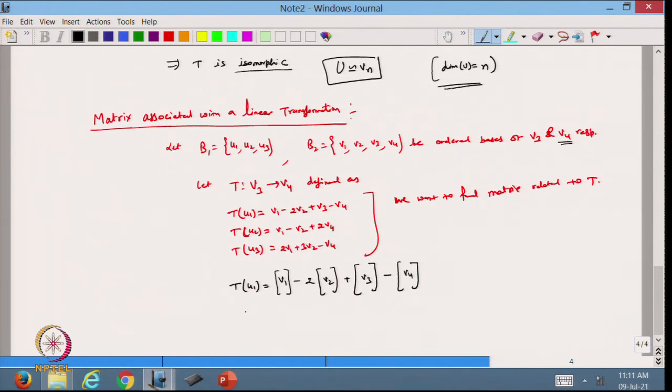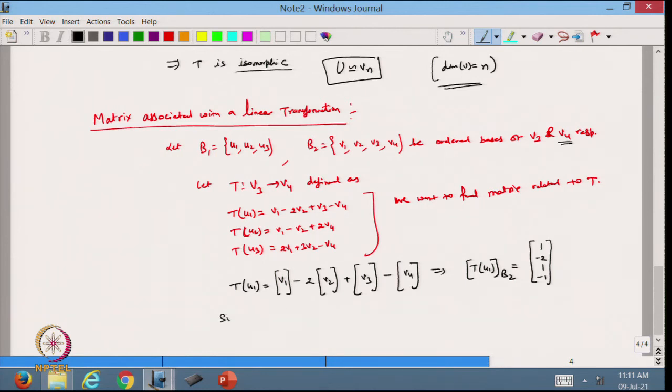Now, I can write the coordinates of T U1 with respect to the basis B2, and this is equal to (1, -2, 1, -1). These are the coordinates of the element T U1 with respect to the relative basis B2.